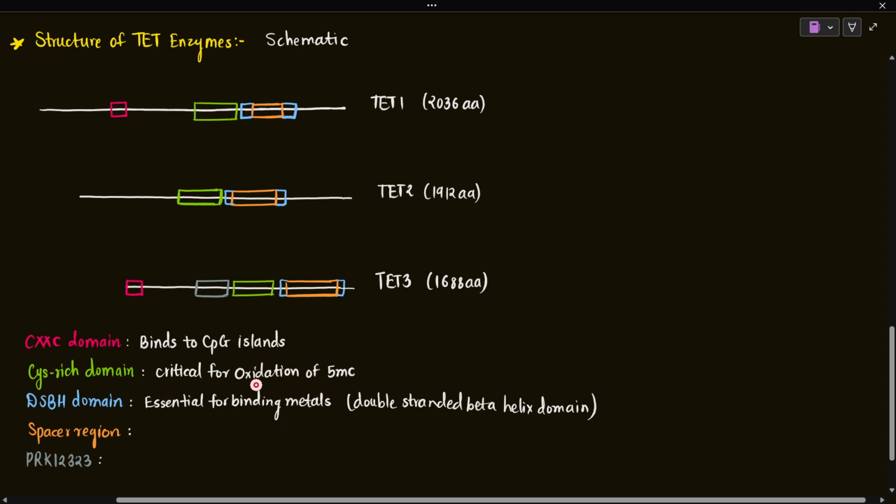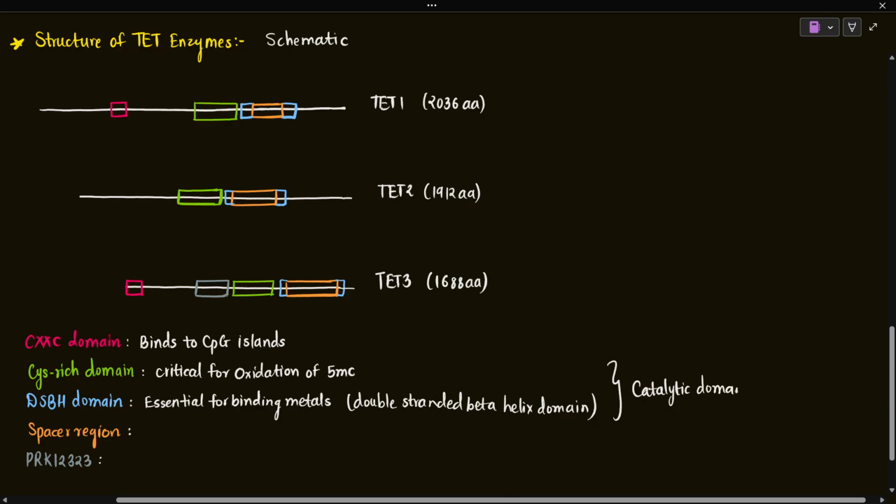When you take a look at the roles of those domains, you can see that if they are absent, the TET proteins cannot carry out DNA demethylation. These domains carry out the catalytic activity of the enzyme, and that's why they are known as the catalytic domain.